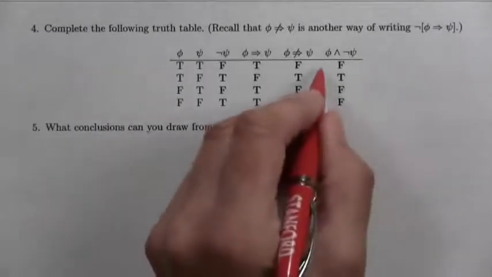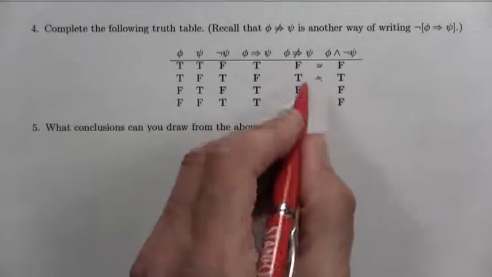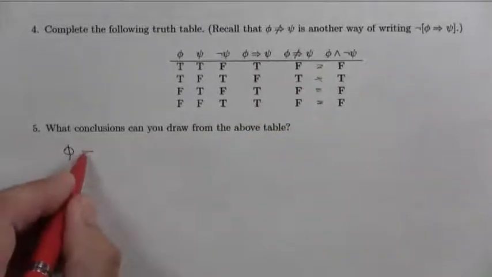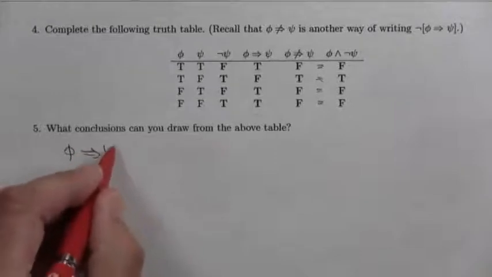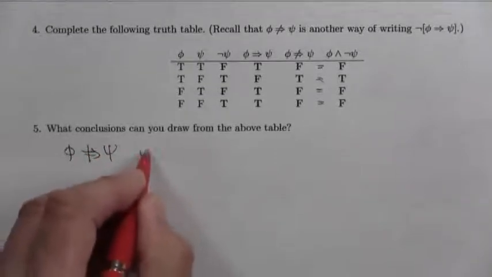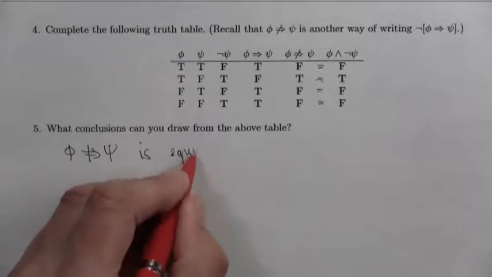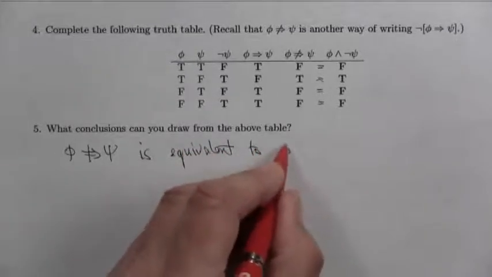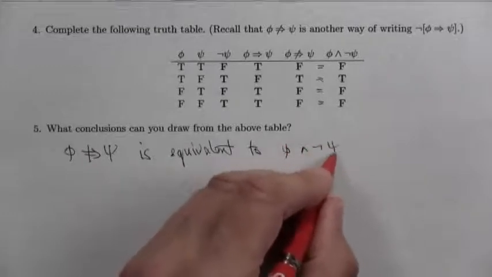And then to answer question 3, we just notice that these guys are all the same, and hence we may conclude that phi does not yield psi is equivalent to phi and not psi.